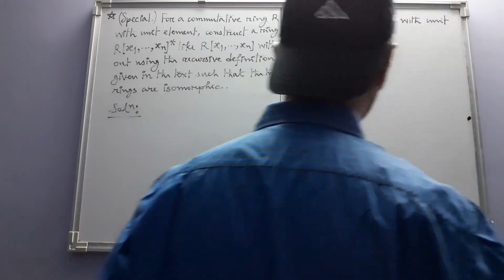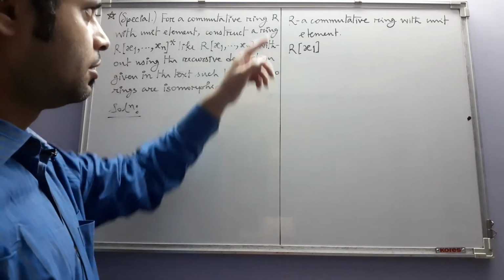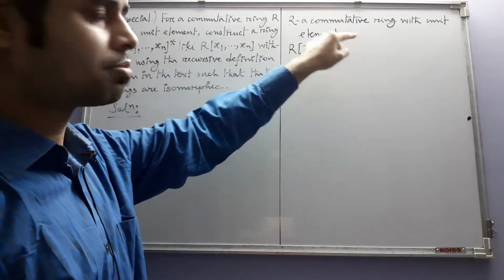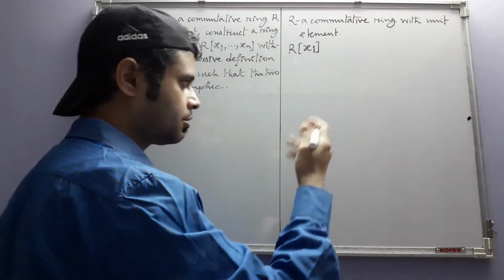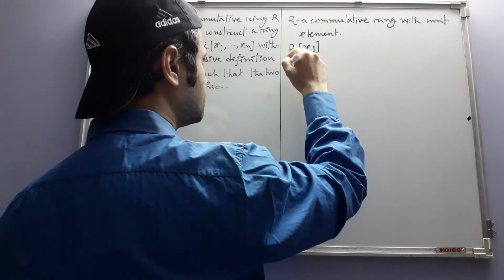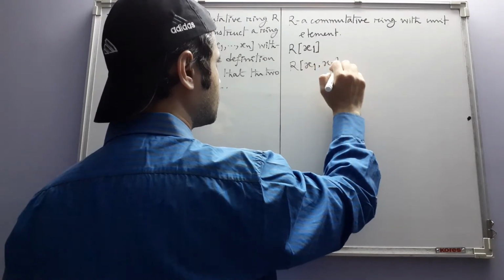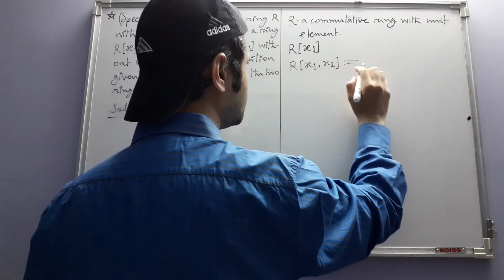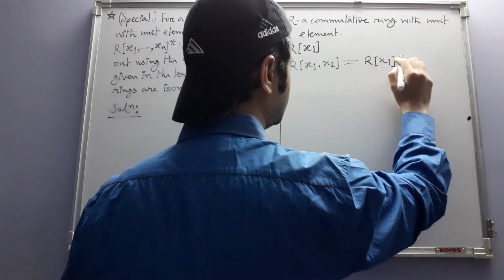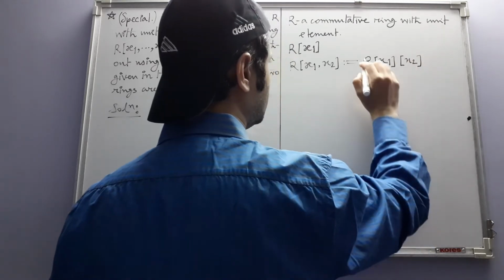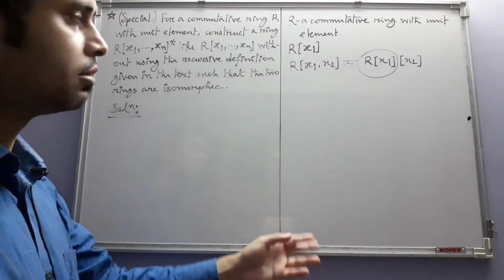And that fact actually gives rise to the idea of introducing more variables, because this is a ring with these properties, this is again such a ring with those same properties, then why not keep doing it? So you introduce another variable, and this by definition is the polynomial ring in the indeterminate x2 over this, which itself is a commutative ring with unit element.